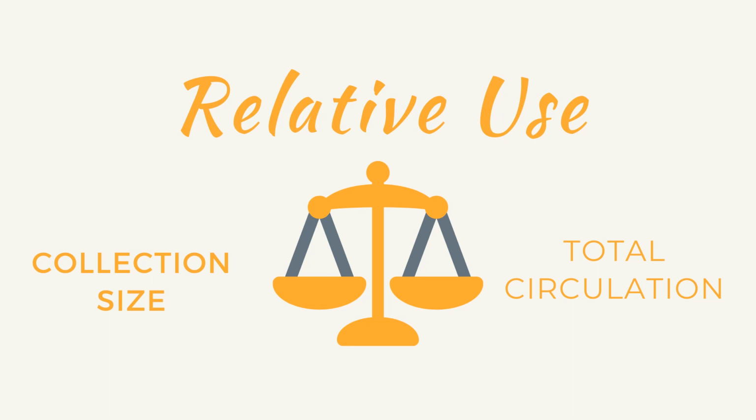If the collection size is greater than its percent of total circulation, weeding should be considered. If the collection size is less than its percent of total circulation, you need to add more titles or allocate more budget to that collection because it's popular. The goal is to balance collection size with percent of total circulation. Again, be sure to only include related items in this statistic.